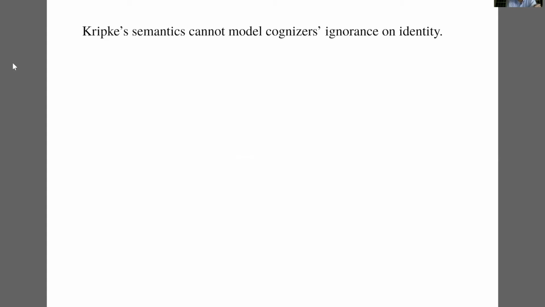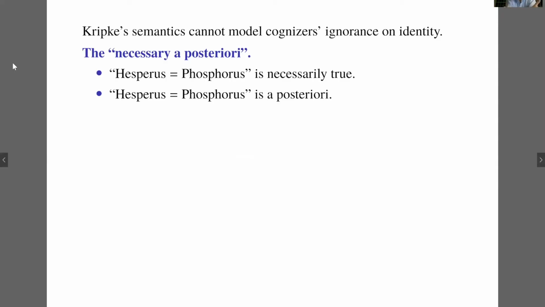As we have just seen, and we are going to see in more detail, Kripke's semantics cannot model a cognizer's ignorance of identity. One consequence, as Kripke draws, or not draws, but let's put that aside, is that the identity of individuals is a fact that is necessary but a posteriori.